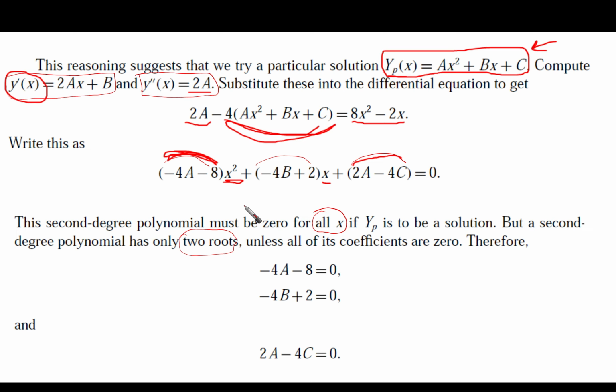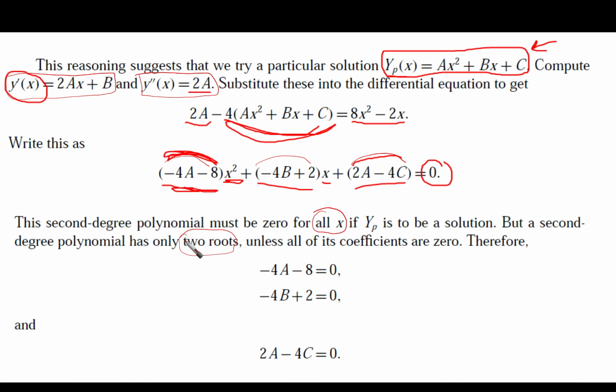Whenever we substitute x with any value in this equation, we want the right-hand side to be 0. We want the calculation of this left-hand side to equal 0. This means that these coefficients must be 0, because 0 times any value of x plus 0 times any value of x plus 0 would equal 0, right?